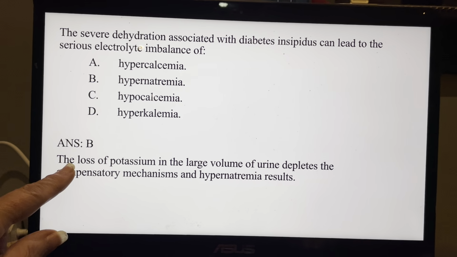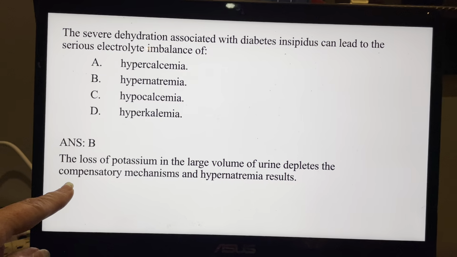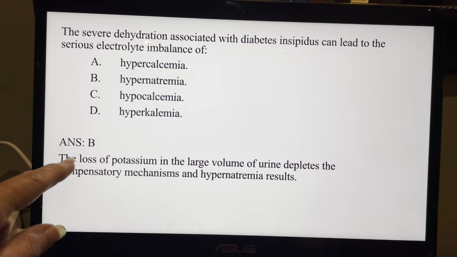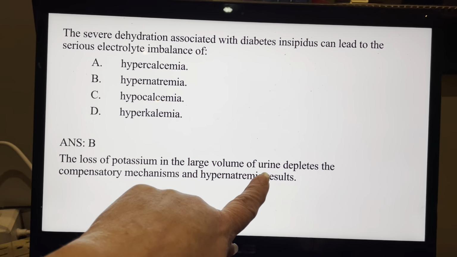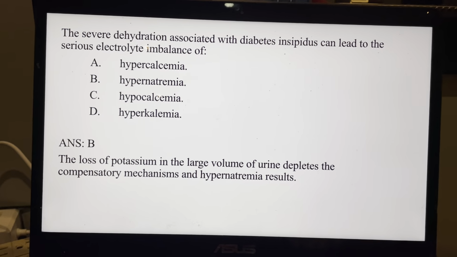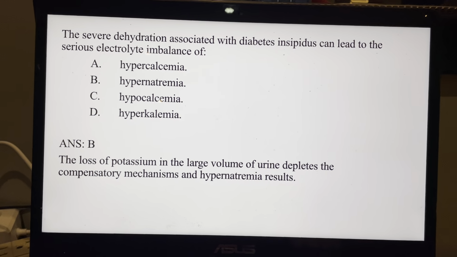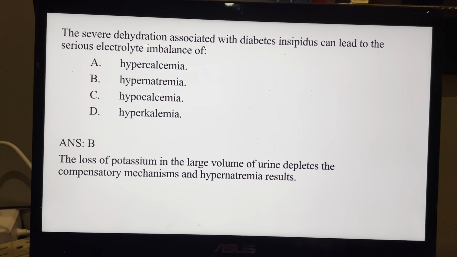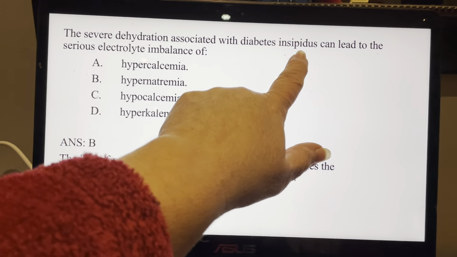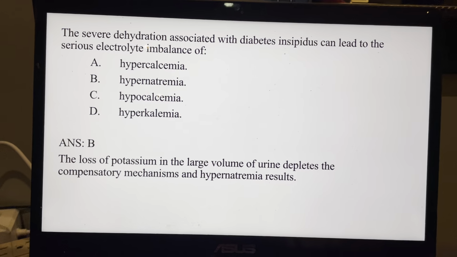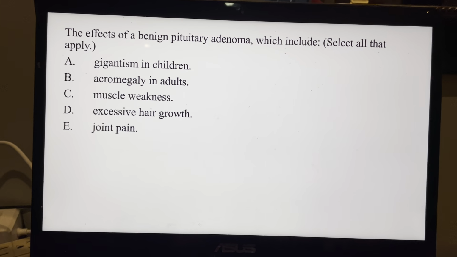Hypernatremia. The loss of large volume of urine depletes the compensatory mechanism and hypernatremia results. Okay, so go in your book at diabetes insipidus and pay attention to the electrolyte portion.